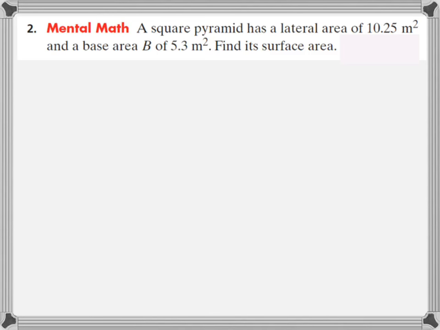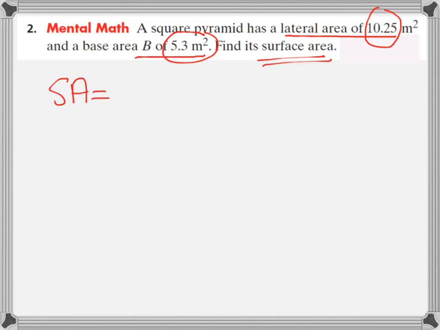A square pyramid has a lateral area of 10.25 meters squared and a base area B of 5.3 meters squared. Find its surface area. So in this question, the lateral area is already given, 10.25. And the area of the base is also given, 5.3. So we need to just find the surface area. What is the formula to find the surface area of a square pyramid?